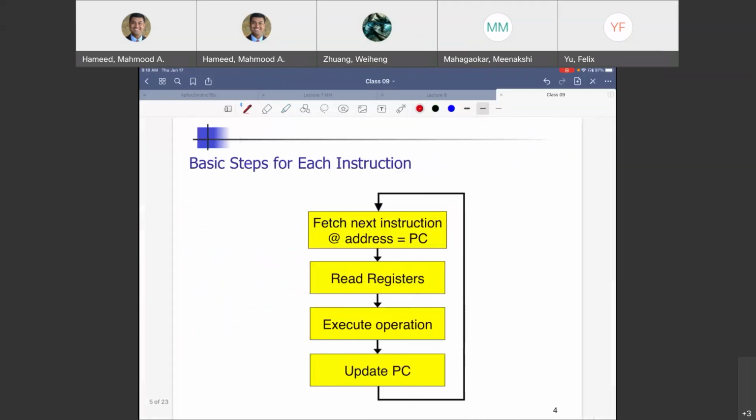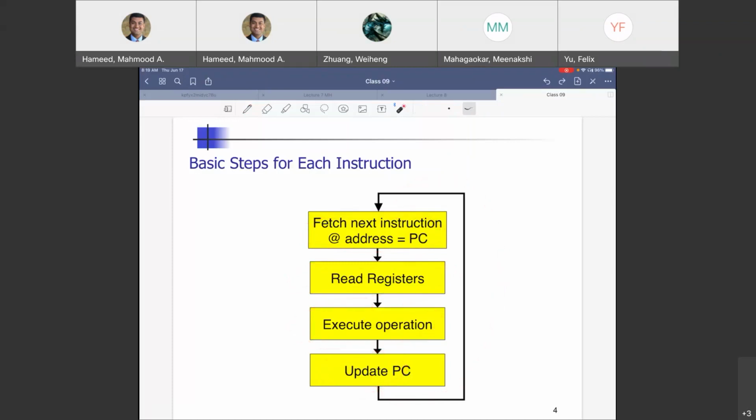Okay, next. The first step of each instruction is what? Fetch, right? Fetch the next instruction is your first step. Then you read the registers, execute the operation, update the program counter, go back.